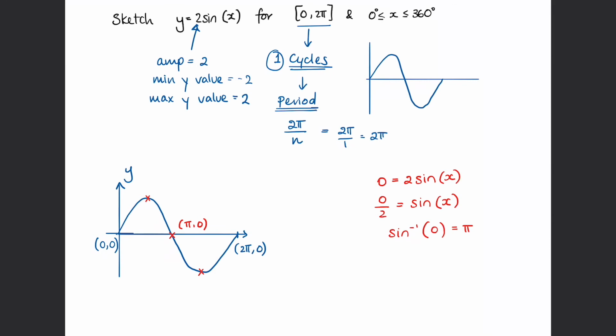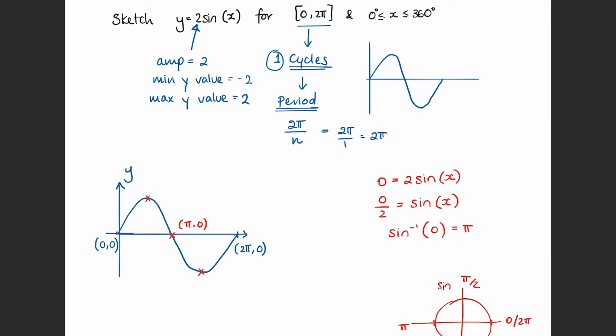Now, if you think about the unit circle here, sine is obviously our y-axis. So for sine to be 0 would be just there. It'd also be at the start of our unit circle and at the end. Hence why it's 0, pi, and 2 pi. So those are the 3 points on this graph that coincide with our unit circle.